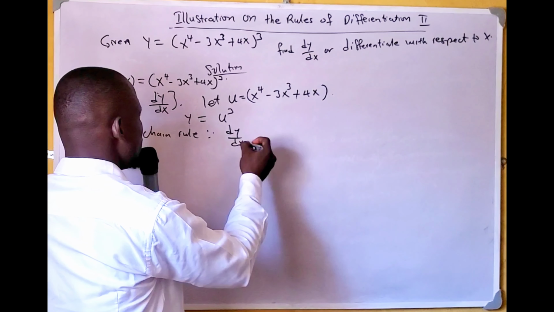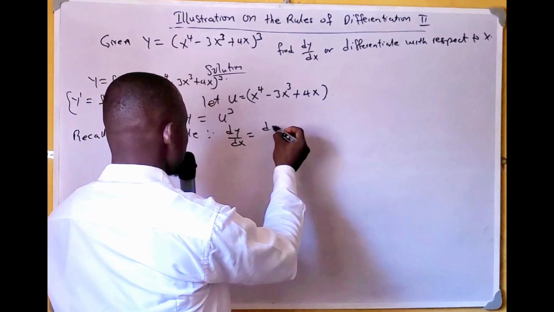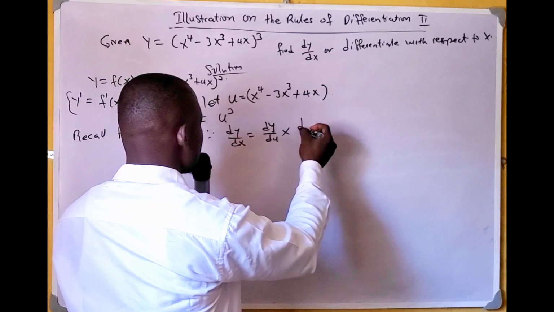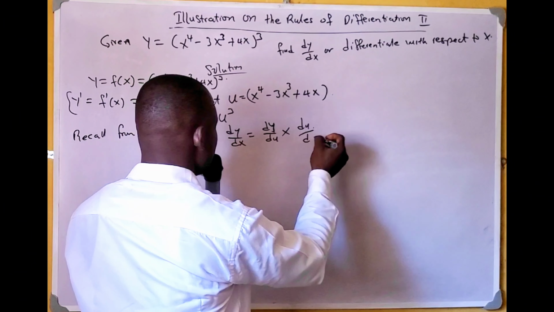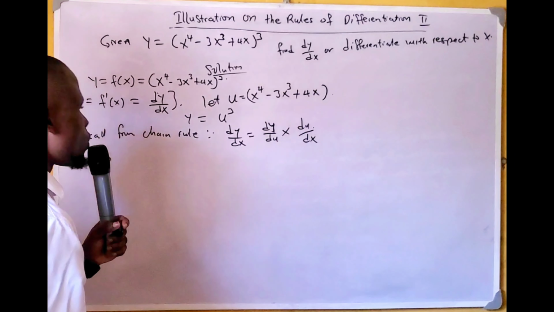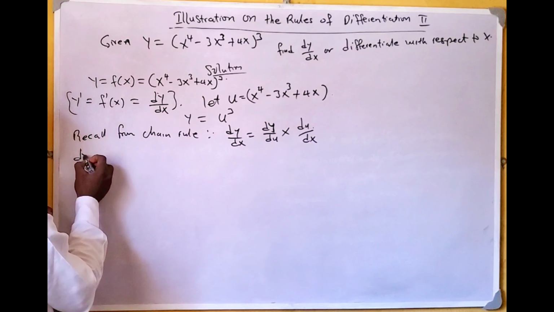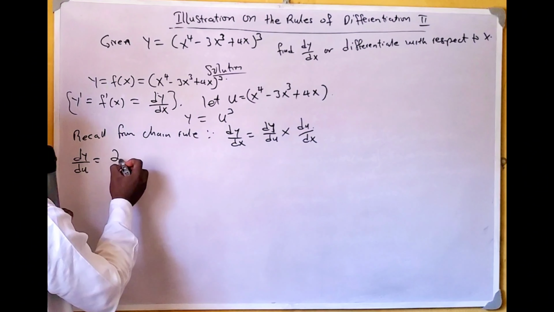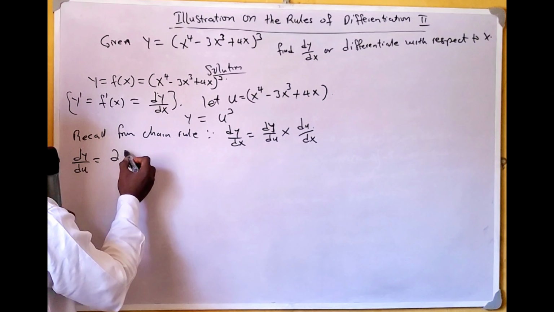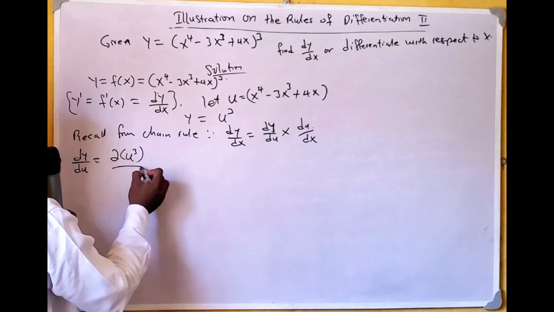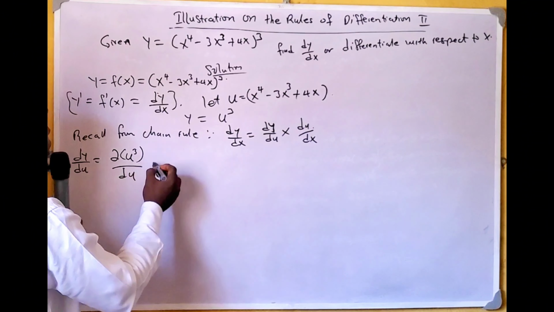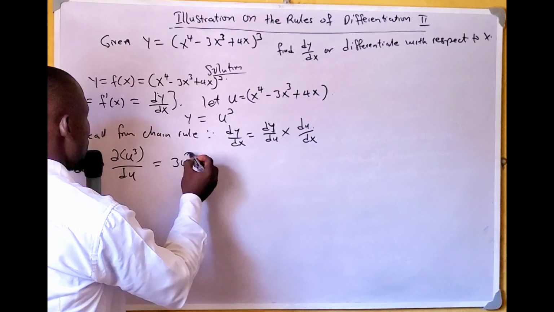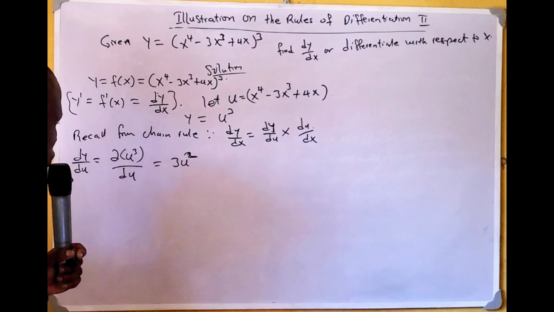dy/dx here equals what? dy/du times du/dx. So what you do simply is find dy/du. Our dy/du equals the derivative of u raised to power 3 with respect to u. We get 3u squared when you apply your power function rule.